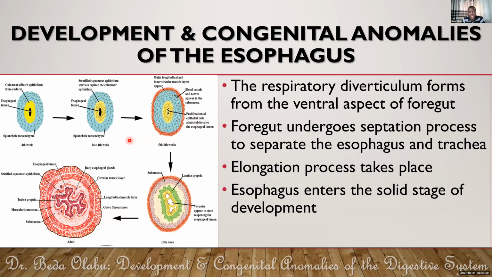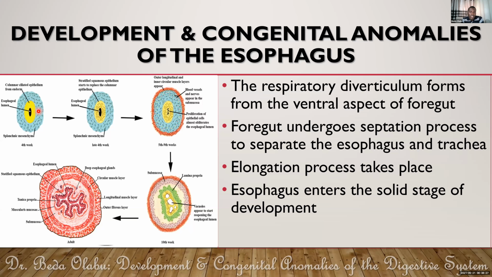On the first image on your left, you see that aspect. The yellow is endoderm. The blue is splanchnic mesoderm.